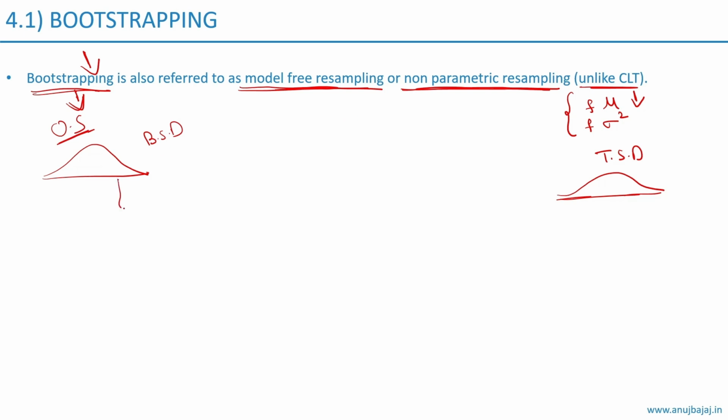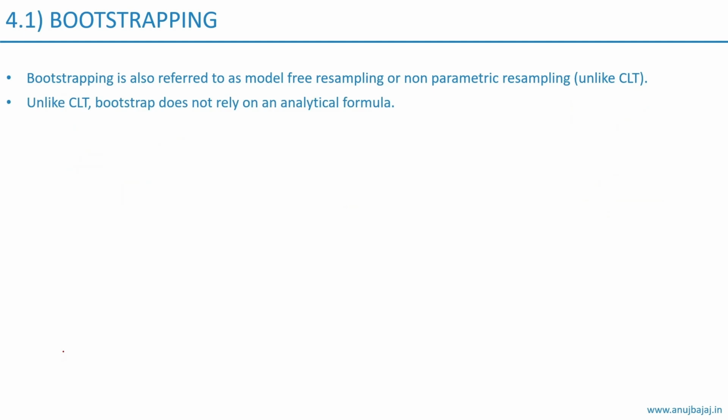That is, the bootstrap sampling distribution will always be similar to the true sampling distribution. And unlike the central limit theorem, bootstrap does not rely on any analytical formulas. So for finding the standard deviation of the true sampling distribution, we did not use the actual standard deviation formula. Rather, we used an approximation.